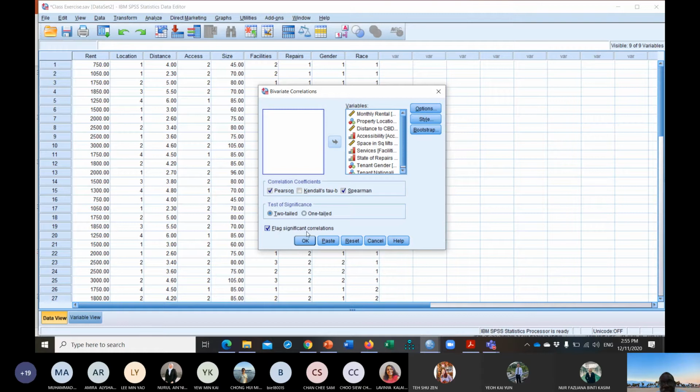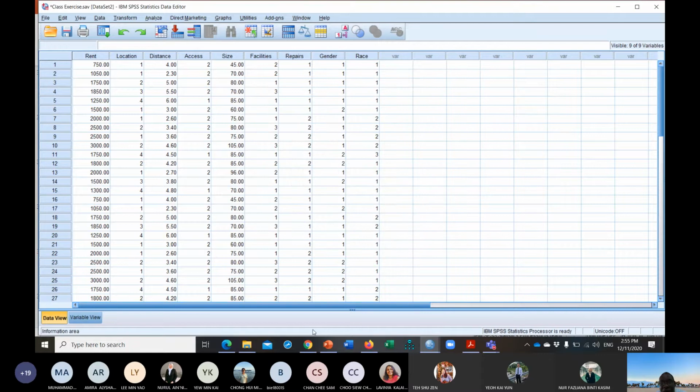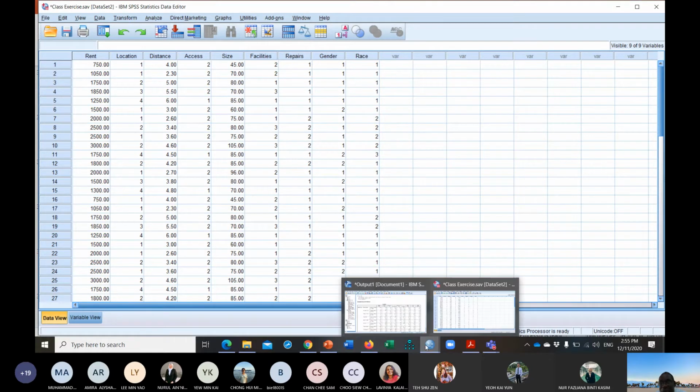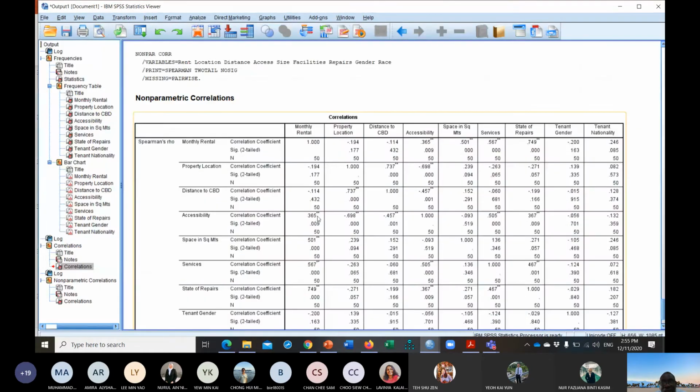So when you tell SPSS to flag significant correlation, when the output comes out, correlations that are significant are given star star, meaning that SPSS is flagging them to let you know that these are the significant relationships.